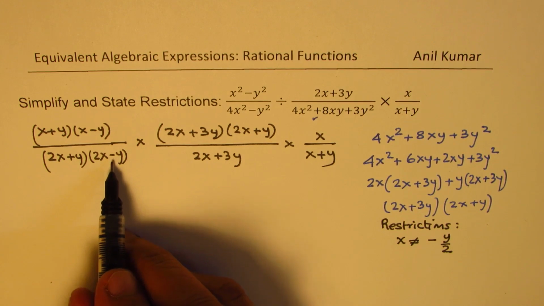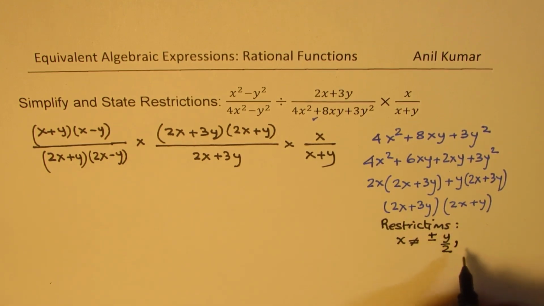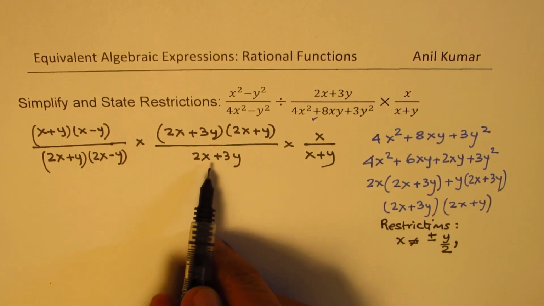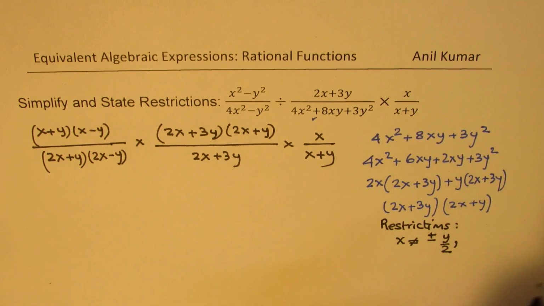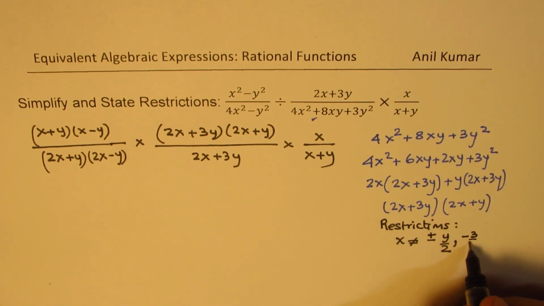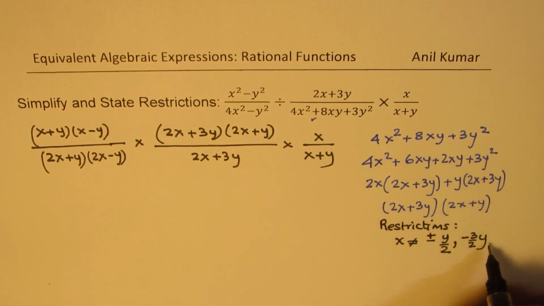Now here x is not equal to plus y over 2, so we can say plus and minus y over 2, correct? Here x is not equal to minus 3y over 2, so minus 3y over 2 becomes another restriction, and x is not equal to minus y. So that is another one.